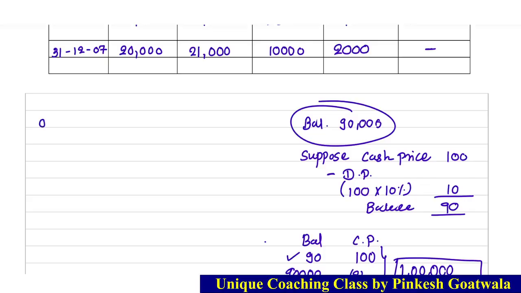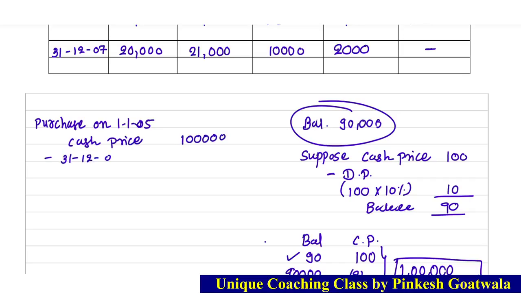We purchase on one 2005. On that date cash price is 1 lakh. First depreciation will be calculated when the year has been closed, 31st December 2005, and it is a straight line method. So 1 lakh 10%, 10,000 will come.